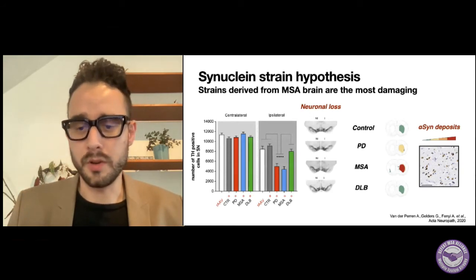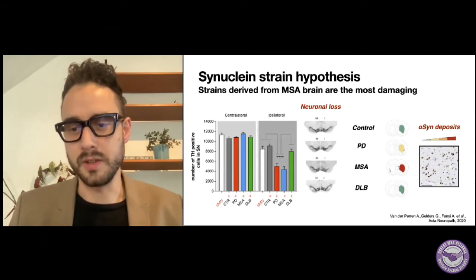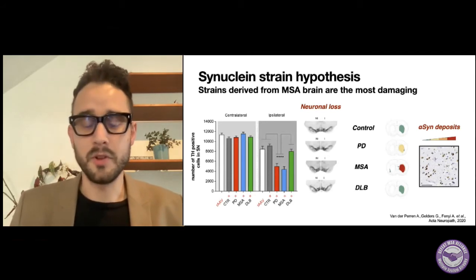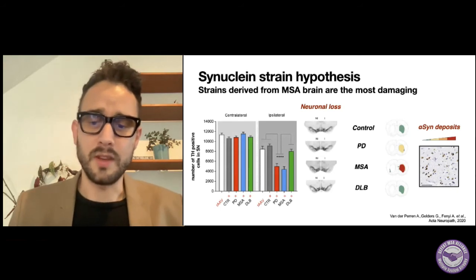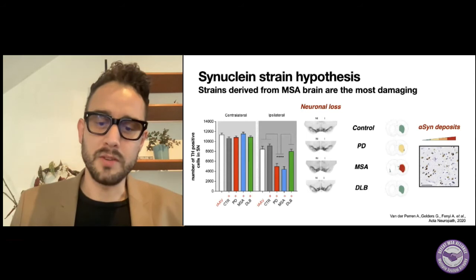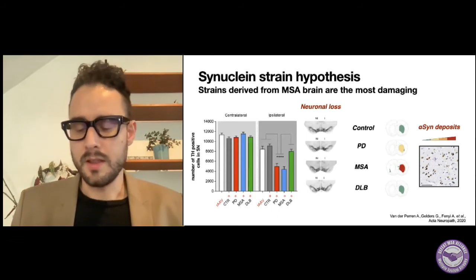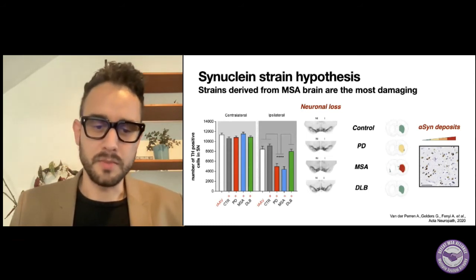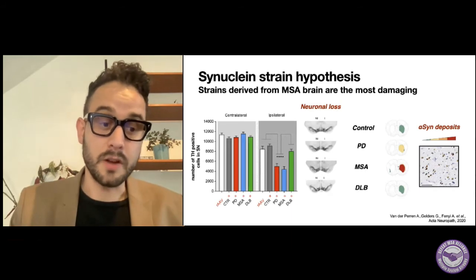But also if we look within the brain at the synuclein pathology and synuclein deposits, you can see that in the case of multiple system atrophy, the pathology is actually the most severe. So showing that amongst all of these different synucleinopathies, these fibrils derived from MSA patient brain are in fact the most toxic species.